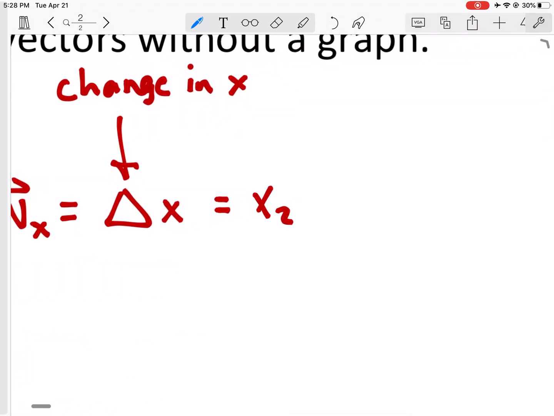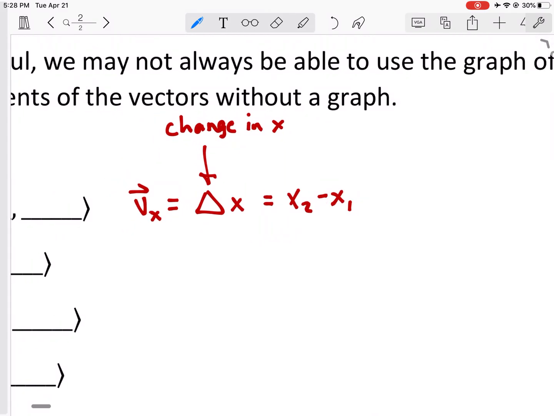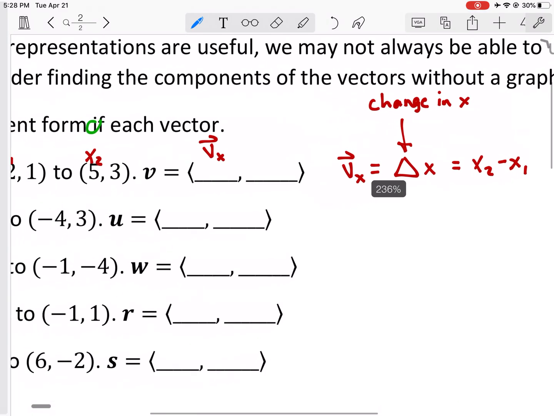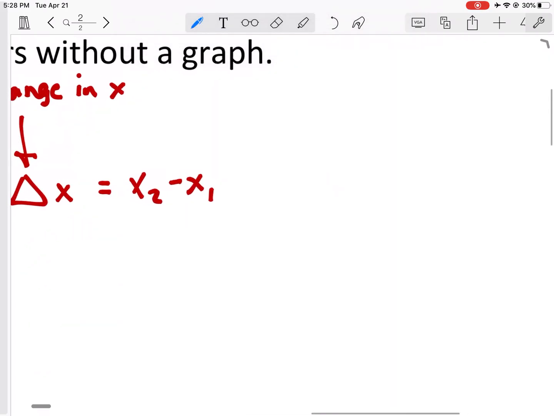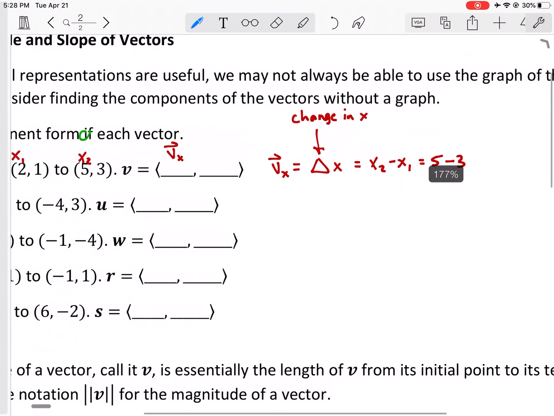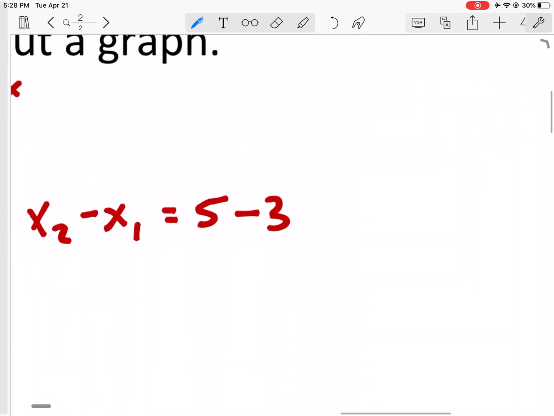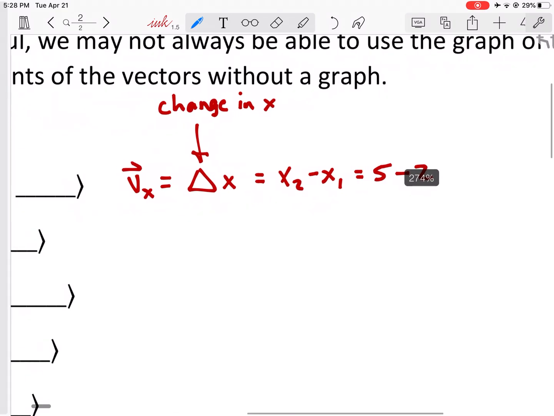So x2 minus x1 should give us the change in x. x2 is 5, x1 is 2.